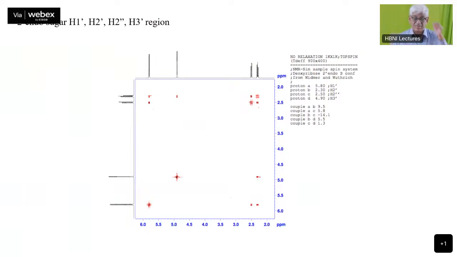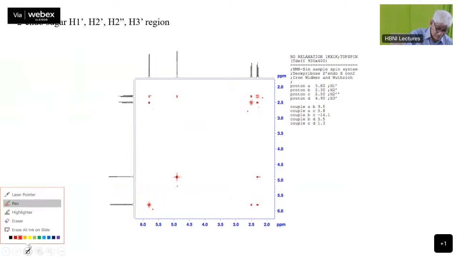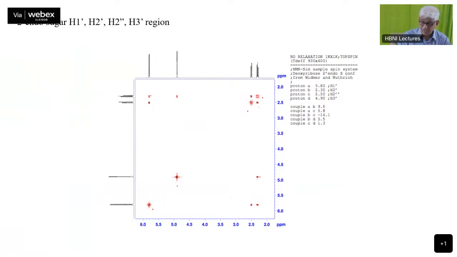This is all you will see in the case of a C2' endo sugar in the H1', H2', H2'', H3' region. So this is the 3' here, this is the 1', these are 2' and 2''. I should change the color of this, I guess. Now you see black, right.